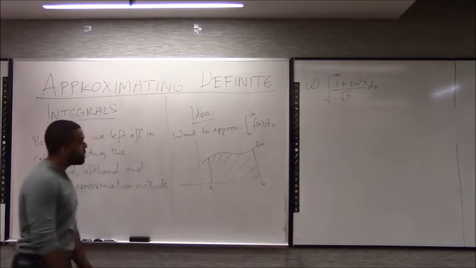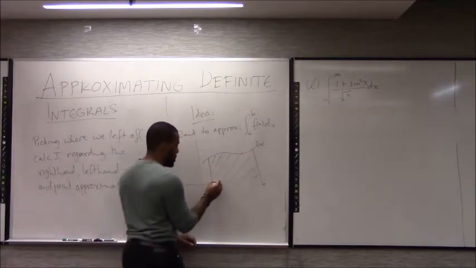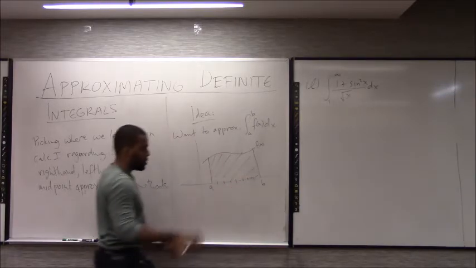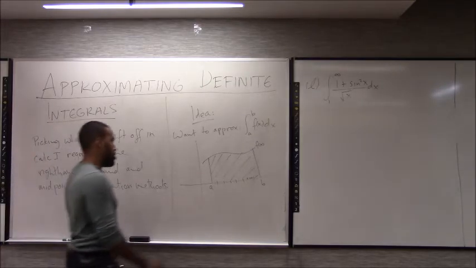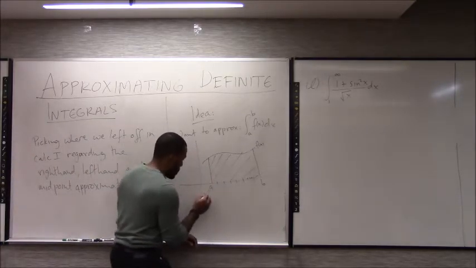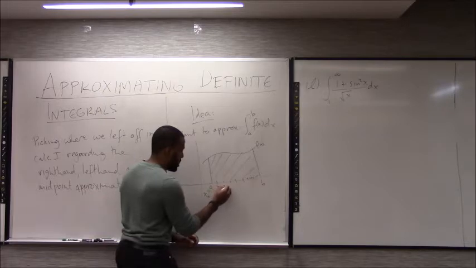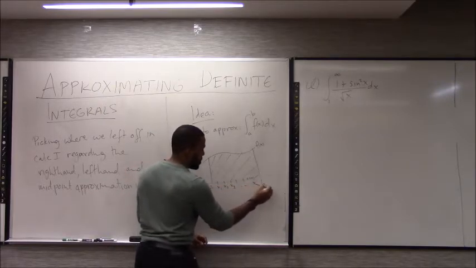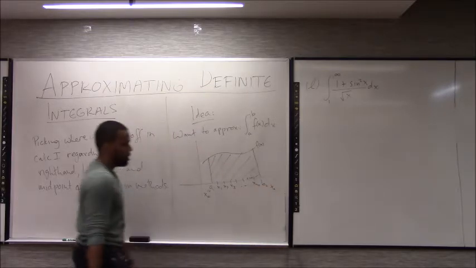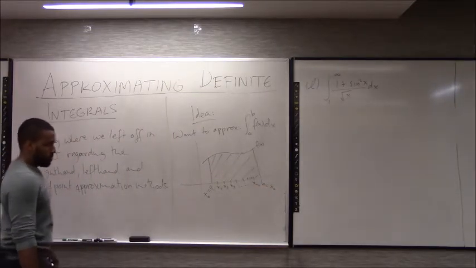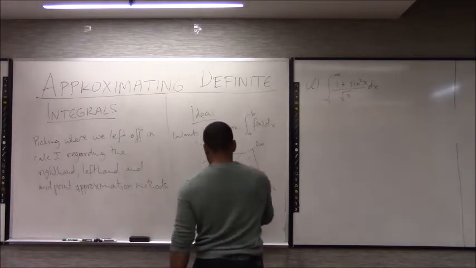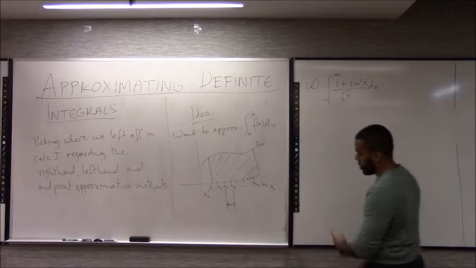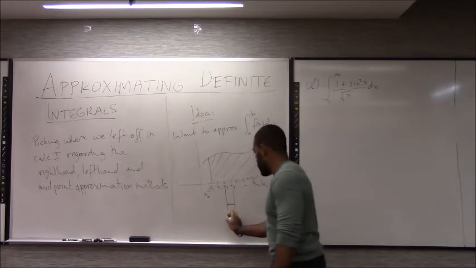One way we did this was we sliced this interval into n subintervals, and we started labeling certain things. The a we called x0, then this is x1, then x2, then x3, and so on, all the way down to the b, which we called xn. We set up the fact that these are of equal distance, which we called delta x.